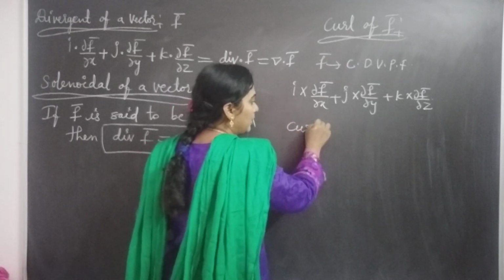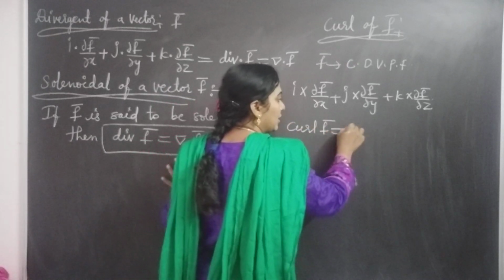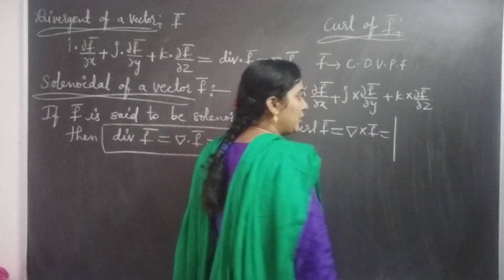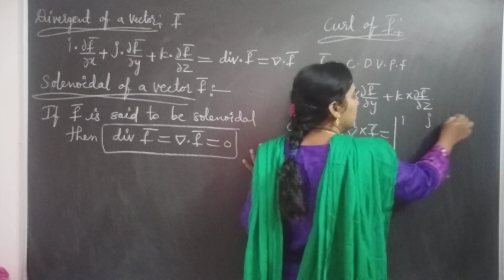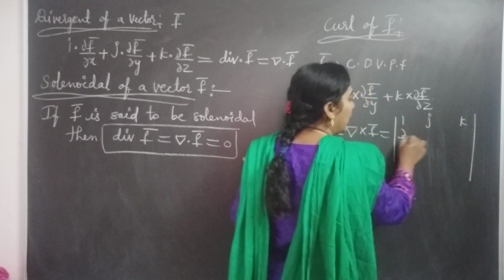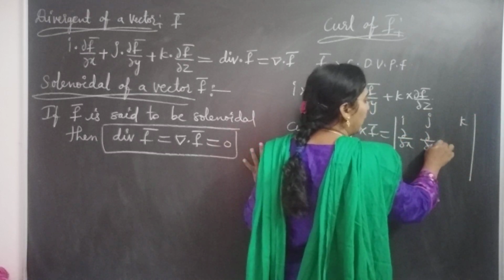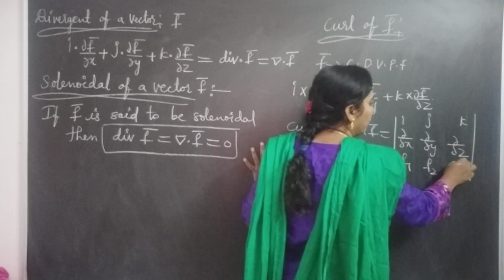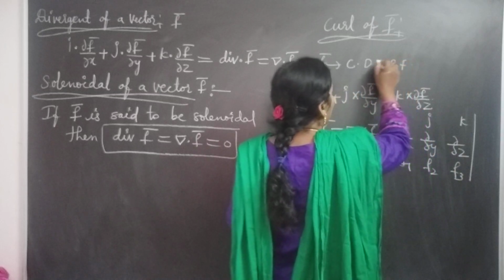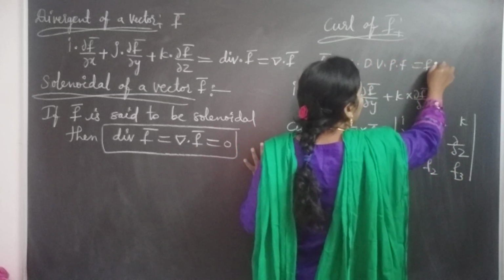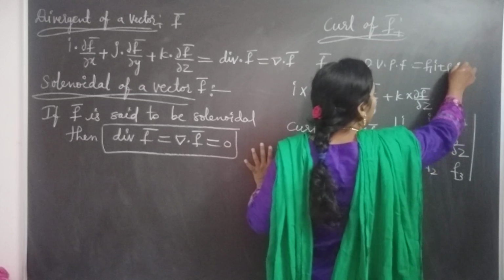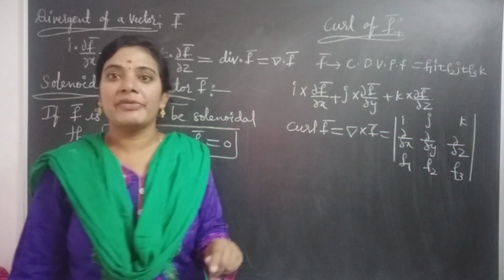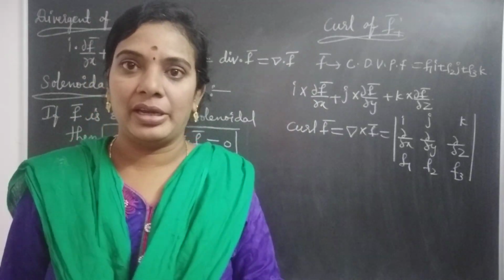It is denoted by curl f vector, that is equal to del cross f vector, which is simply denoted by the determinant with rows i, j, k; dou by dou x, dou by dou y, dou by dou z; f1, f2, f3, where f vector is equal to f1 i plus f2 j plus f3 k. Here f1, f2, f3 are functions of the x, y, z variables.